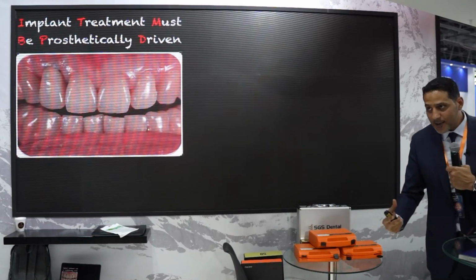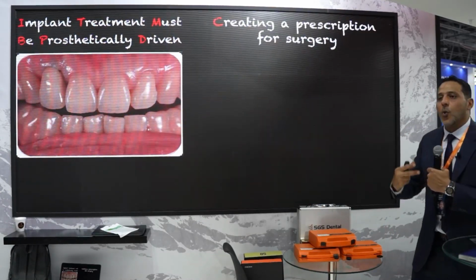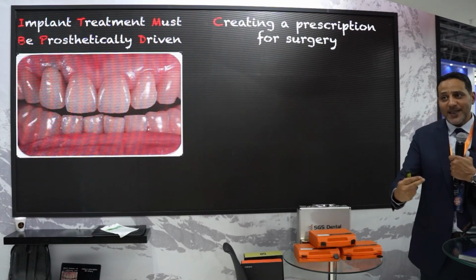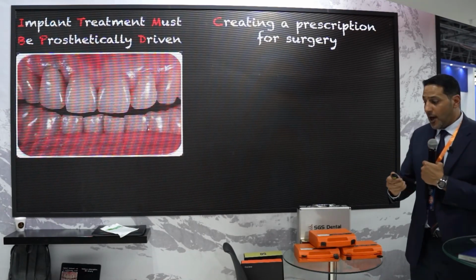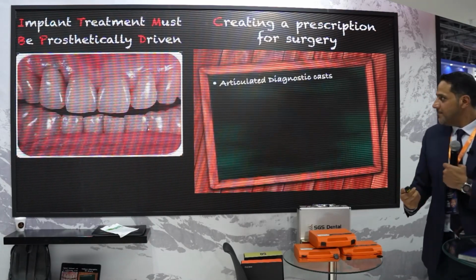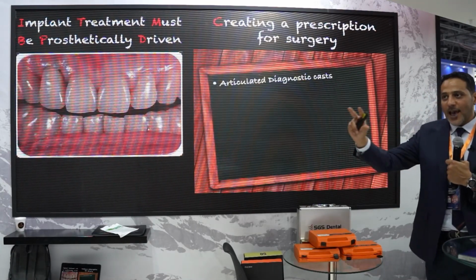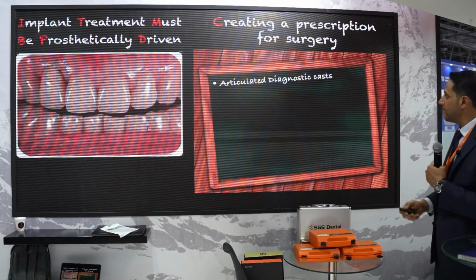What I mean by that is, if you want to refer the patient to place an implant, you have to write a prescription for the oral surgeon. What is the prescription? Articulate the diagnostic cast, upper and lower.